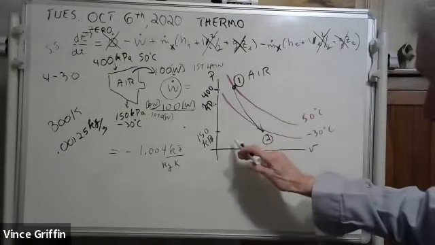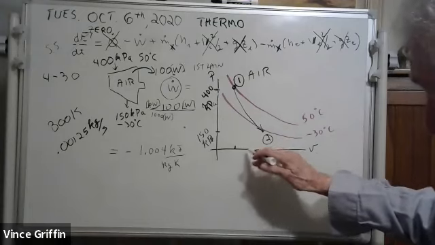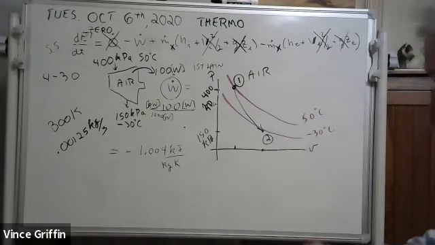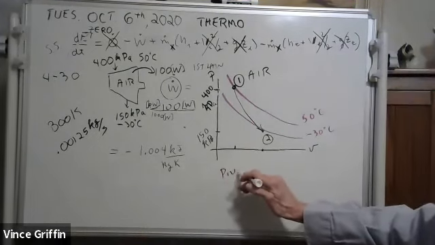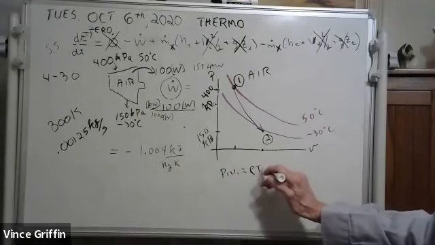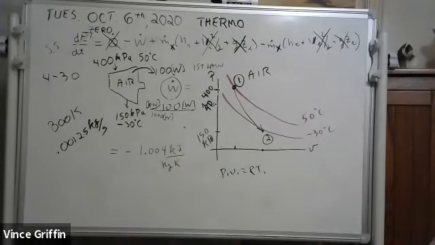I could even find these specific volumes if I wanted to, but I'm too lazy to do it right now. But here's how. You'd go P1 V1 equals R T1. You know everything. You could find those.